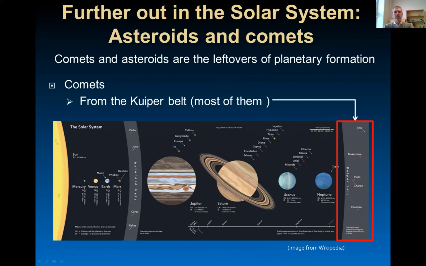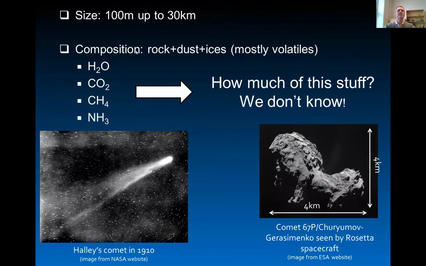And the comets are between 100 meters to 30 kilometers across. You see an example of a comet, 4 by 4 kilometers. That's the picture of Halley's Comet.